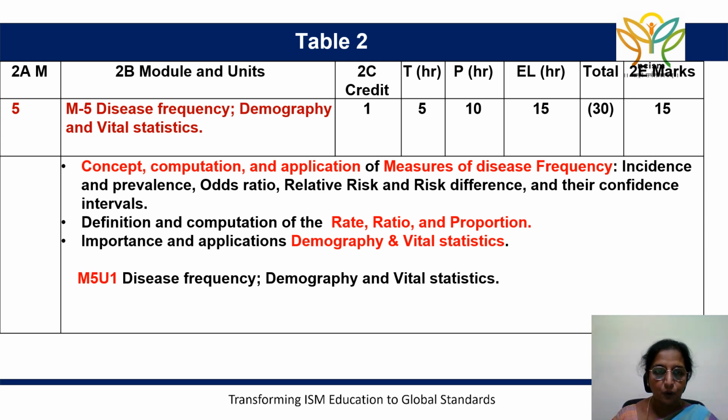At the end of this module, the students must be able to understand the concept, compute and apply measures of disease frequency, must be able to calculate incidence, prevalence, odds ratio, relative risk and risk difference and their confidence intervals. Must be able to compute and define rate, ratio and proportion. Also must be able to apply demography and vital statistics and must be able to understand its importance.